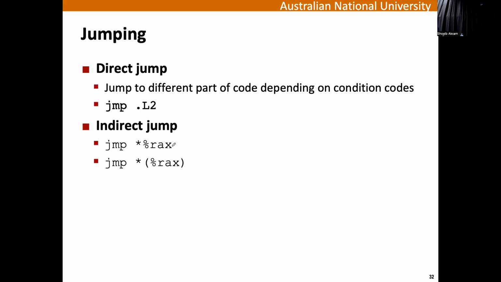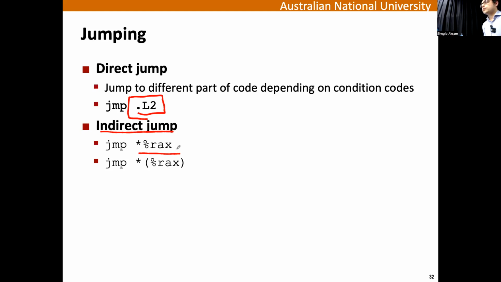Direct jumps: here, the address of where we jump is provided as a constant in the instruction. In indirect jumps, this address is provided in a register.